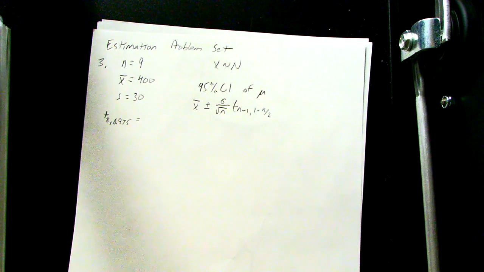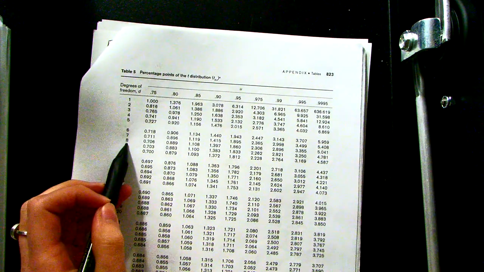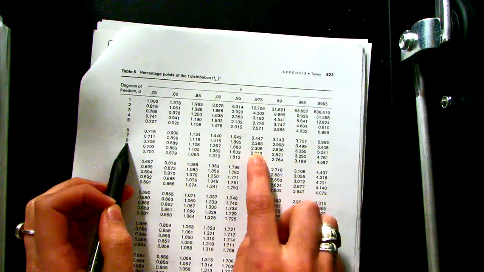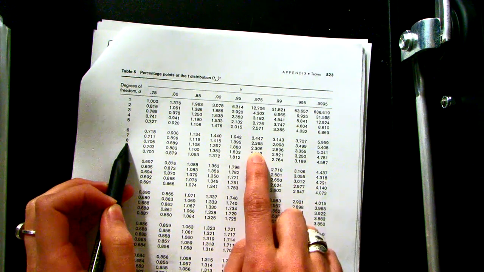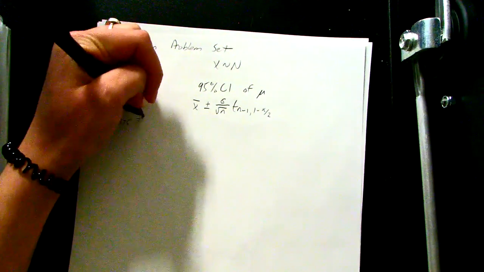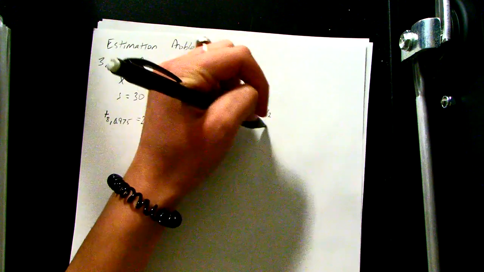So we will go to the t table, and 8 degrees of freedom, 0.975, gives us a t-score of 2.306. And that is what we plug into here.